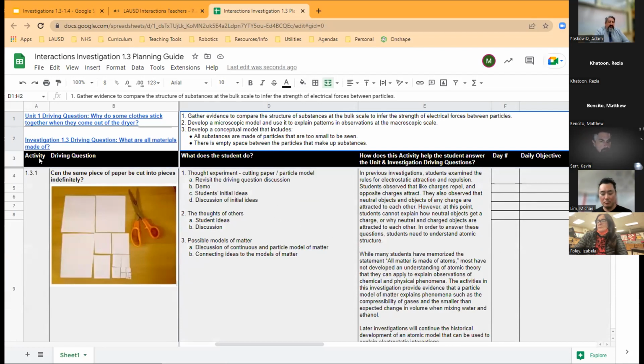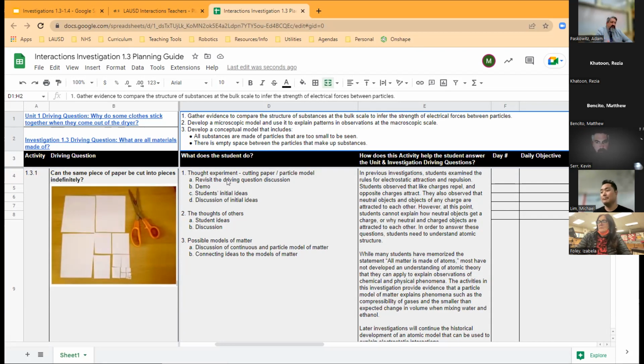We start out in activity 1 with what they call a thought experiment, but then there's also a demo. So the thought experiment is, what if I cut a piece of paper in half? Then I would have 2 pieces of paper. Then if I cut those in half, I'd have 4 pieces of paper.